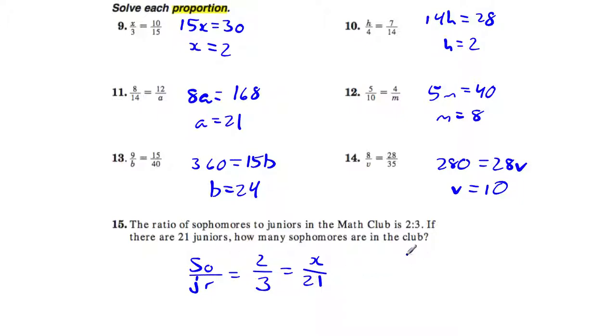Well, using cross multiplication, we get that 42 is equal to 3x, and if we divide both sides by 3, we get that x is equal to 14. So this is all about proportions, ratios, cross multiplication. Make sure you get some good practice with fractions, multiplication, and a little bit of algebra.